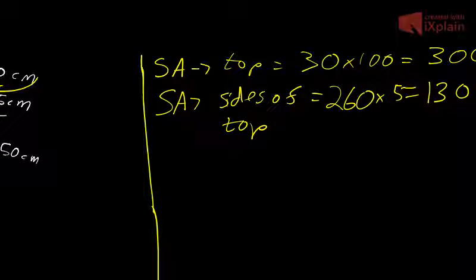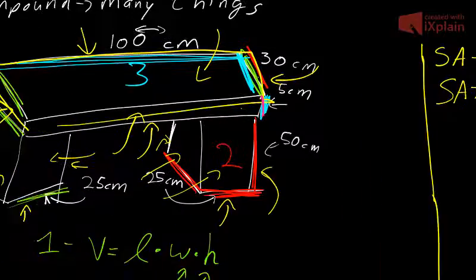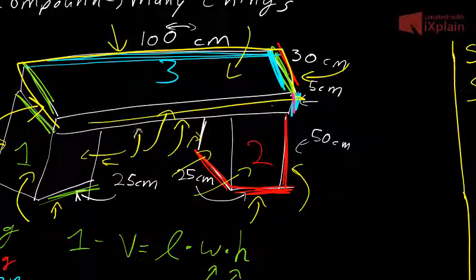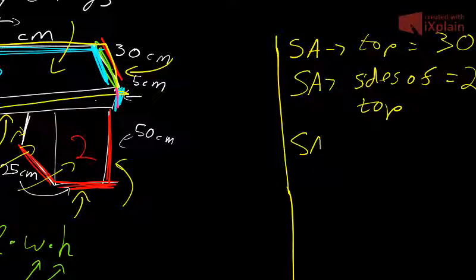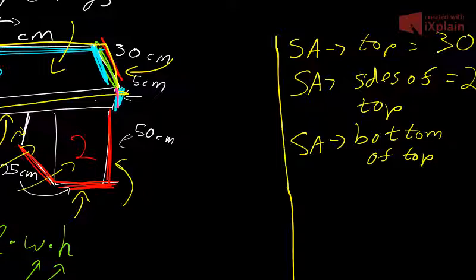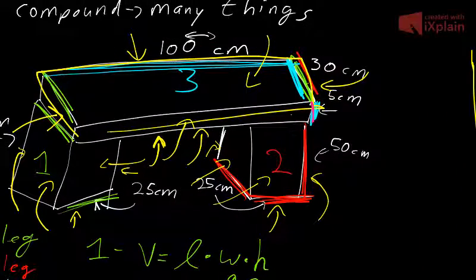So the next surface area I need to make sure I find, working my way down, is the surface area under the desk here. So I'm going to do surface area, and I'm going to call this the bottom of the top, which doesn't really make sense, but that's okay. And if we look at the dimensions, I know that it's going to be 30 long, but I need to find, I have a whole bunch of extra stuff here.